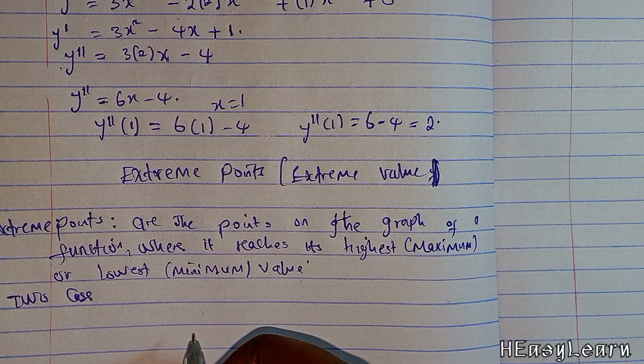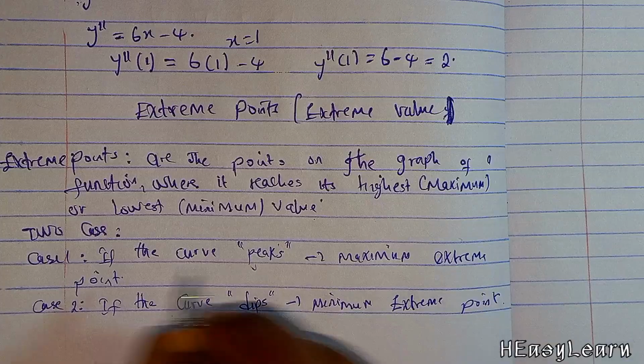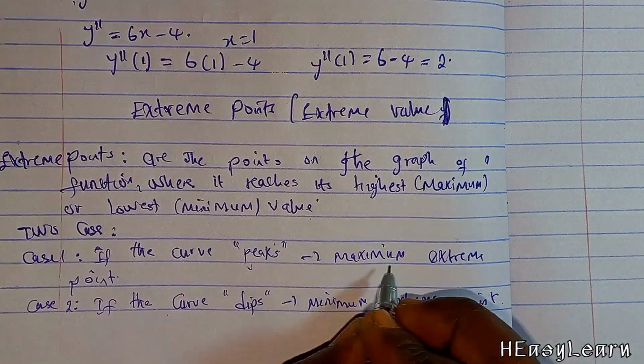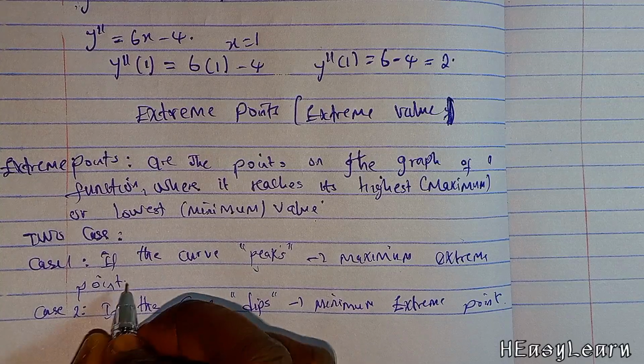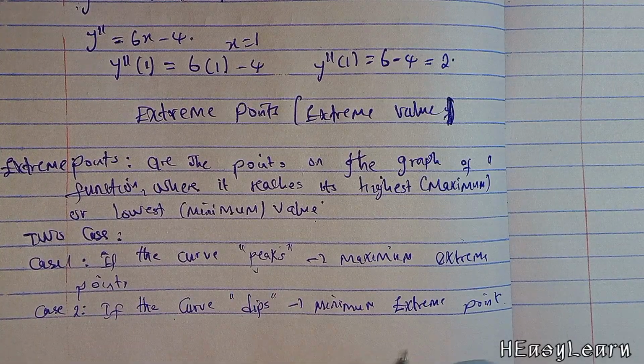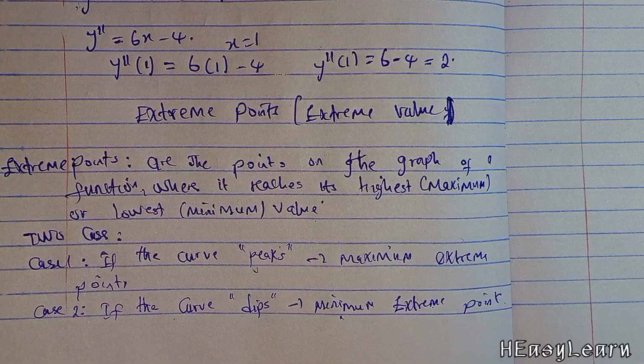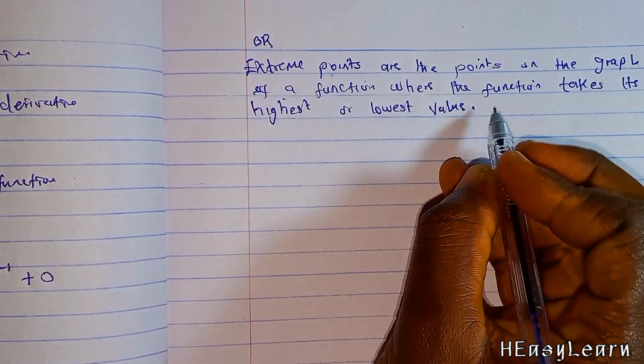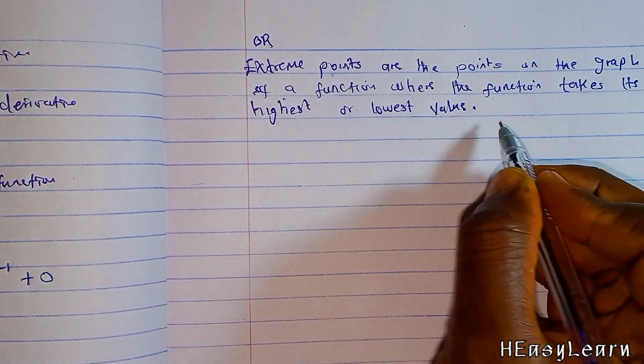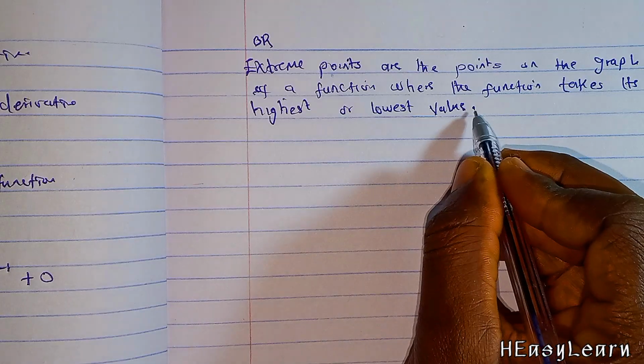If the curve tips, then we say we have a minimum extreme point. Extreme points are the points on the graph of the function where the function takes its highest or lowest value.